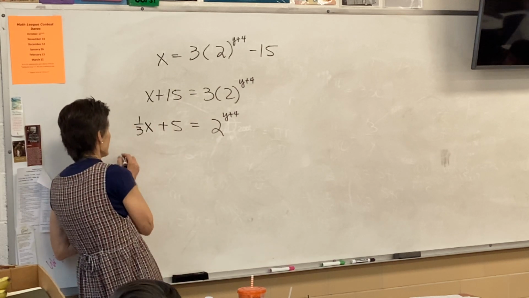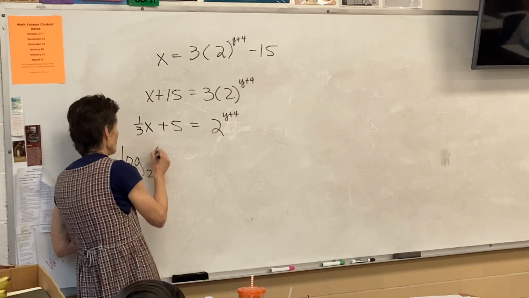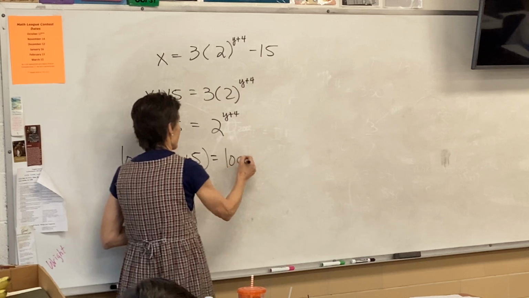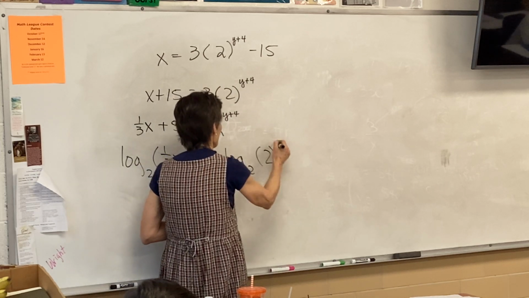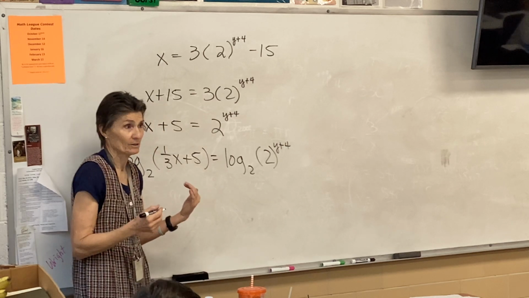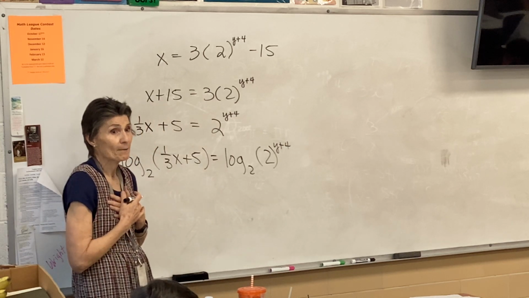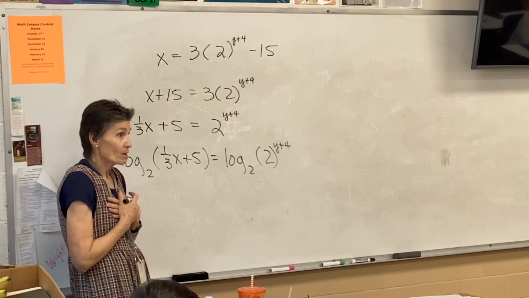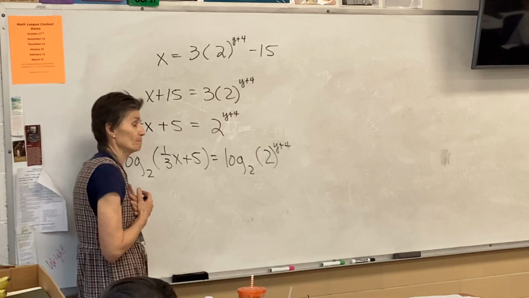So I'm going to take my base 2 logarithm on both sides. Now remember, my goal here is not to type this in on my calculator. If I were going to type it in on my calculator, I probably wouldn't be using base 2. But my goal is to find the inverse.